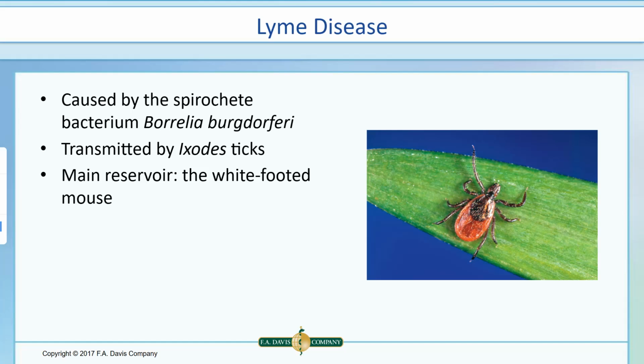And that's what these ticks need in order to transmit Lyme disease, is they need to be attached for at least 48 hours before adequate saliva and bacteria is exchanged to be able to transmit Borrelia burgdorferi to a host. So if a tick manages to remain attached for like 2 days, it will be completely engorged, and at that point it's kind of hard to tell what type of tick it is.